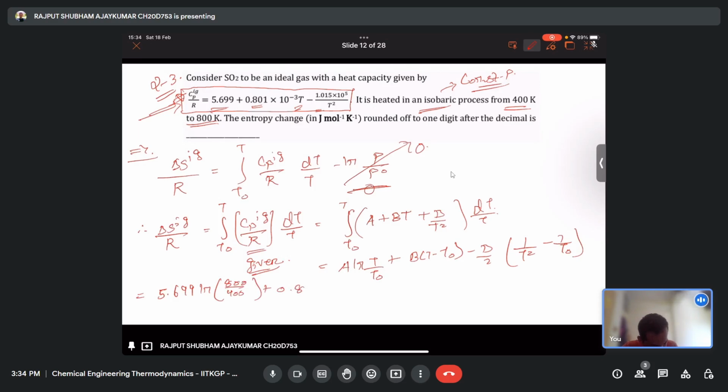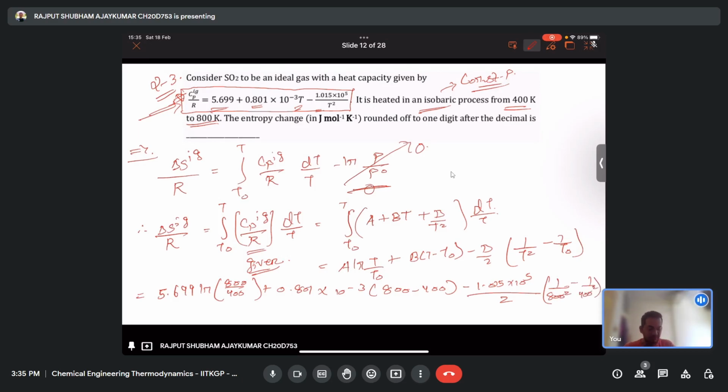B is 0.801 into 10 to the power minus 3 into 800 minus 400, and D is given to us as 1.015 into 10 to the power 5 divided by 2, 1 upon 800 square minus 1 upon 400 square.